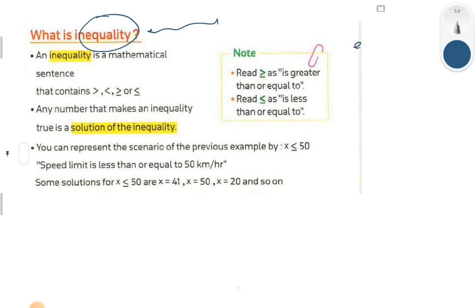We know about the equation now, right? So what's the equation? Equation like x equal 2.